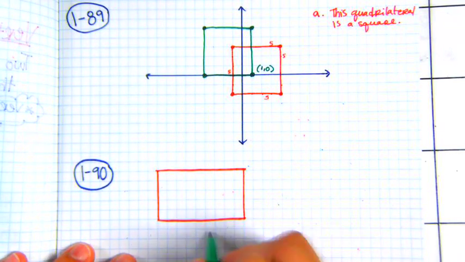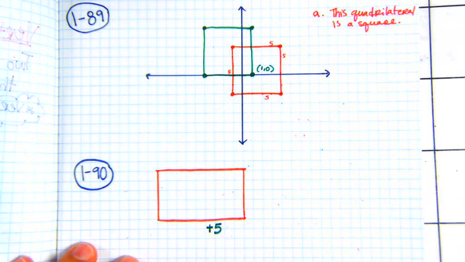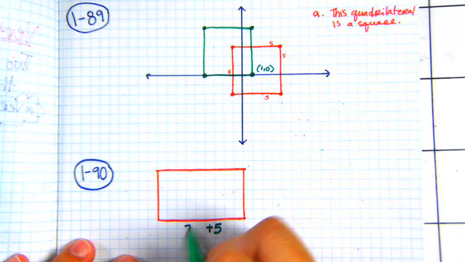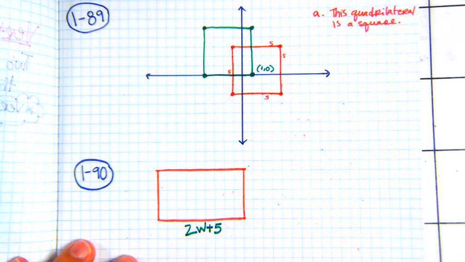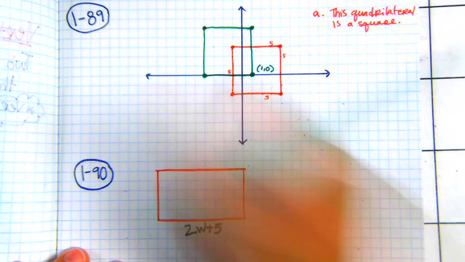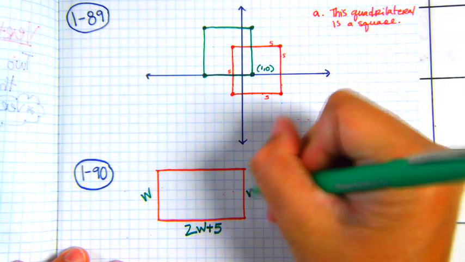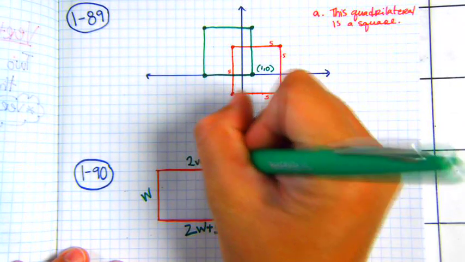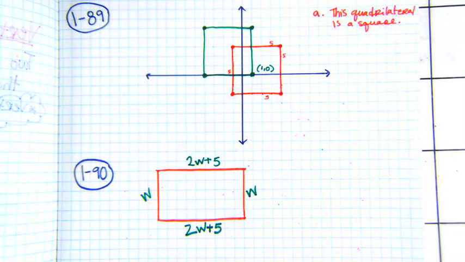So I know I'm going to have a plus 5 somewhere because it's 5 centimeters more than something. Twice the width. It's 5 more than twice the width. And this is just the width. This is twice the width plus 5 as given in the problem.